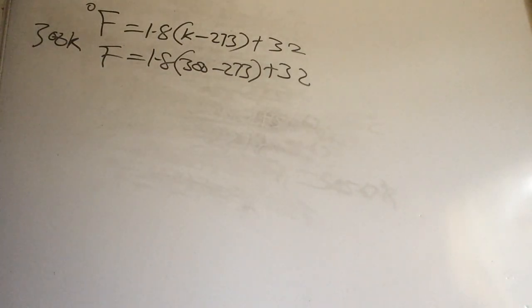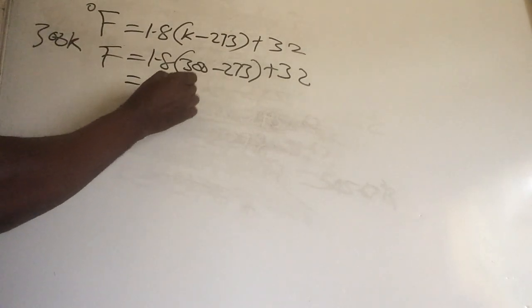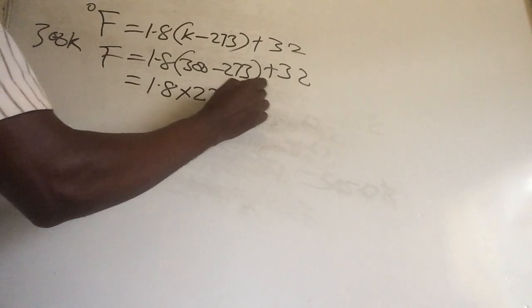Now when you subtract 273 from 300, we have 27 times 1.8 plus 32.